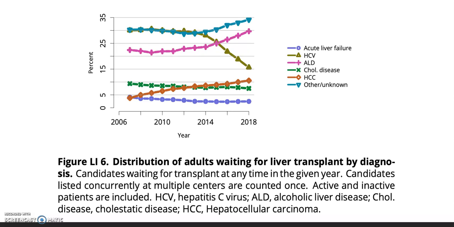This first slide shows the distribution of adults waiting for a liver transplant by diagnosis, and as you can see that the number of patients who had hepatitis C cirrhosis needing a liver transplant is going down because of the newer medications for treatment of hepatitis C available in the United States and all across the world. Alcohol and NASH are still one of the top reasons in the United States for liver transplantation.